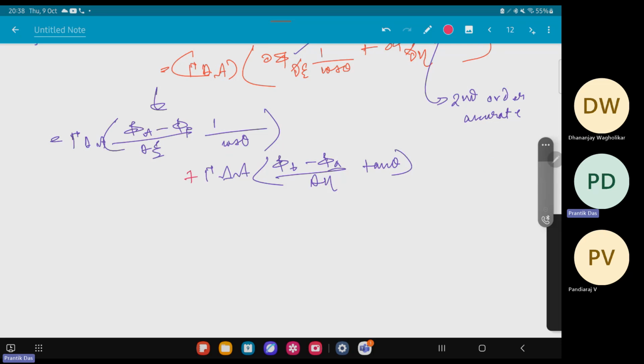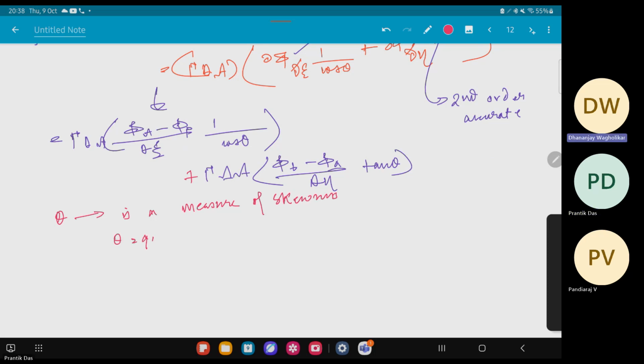One thing you can basically see is that theta is a measure of skewness. So if theta is equal to 90 degrees, what is zeta representing?